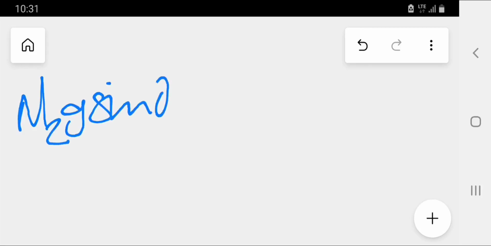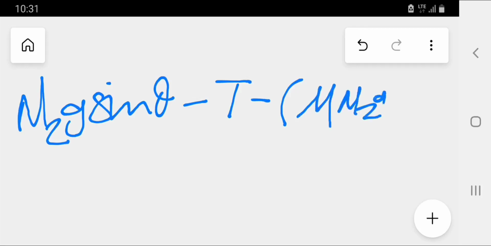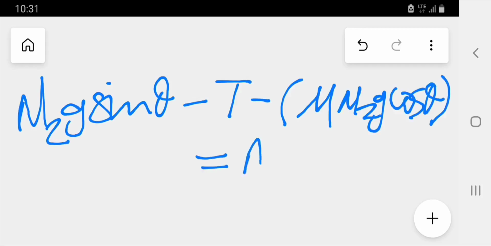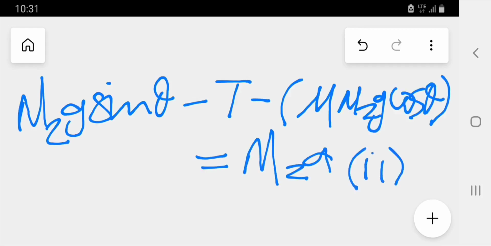We said that m2 g sine theta minus tension, tension being put minus, you open a bracket, and what we've opened in the bracket is the value of the friction, which is mu m2 g cos theta, being equal to m2 a. This becomes our equation number 2, since the question told us to find the acceleration as well as the tension.